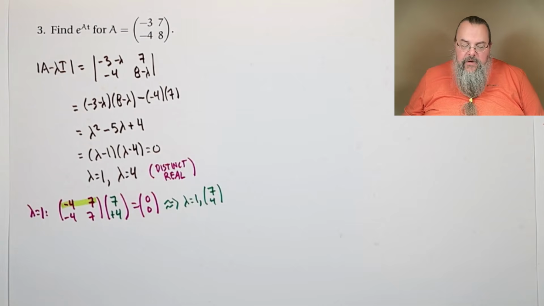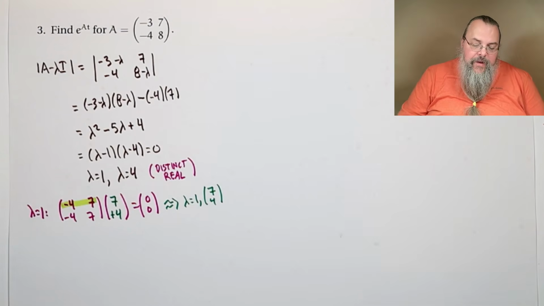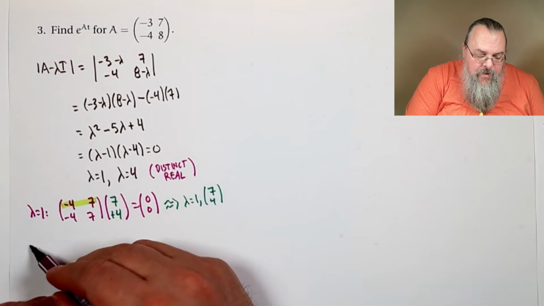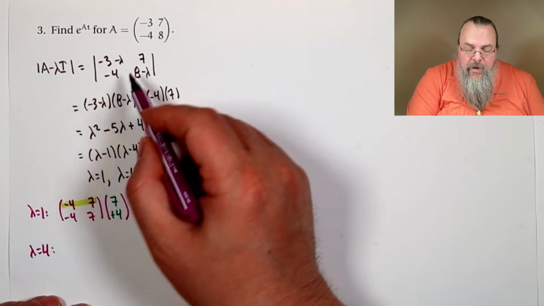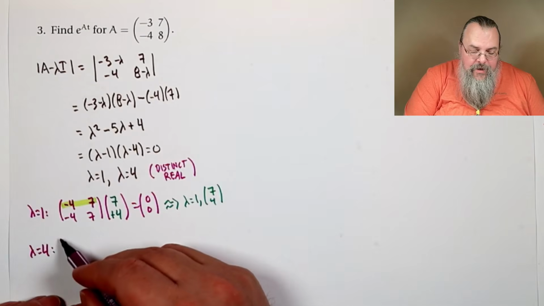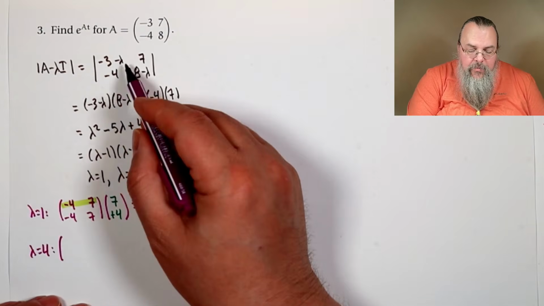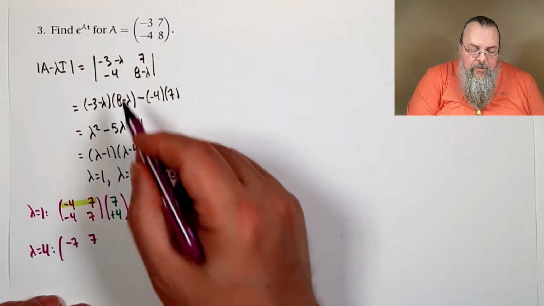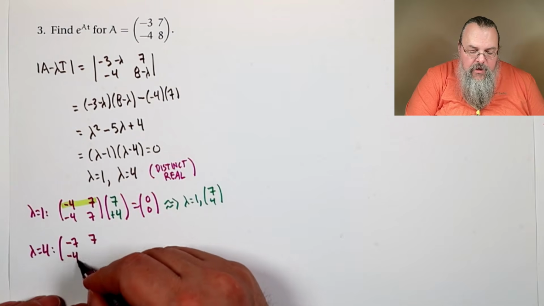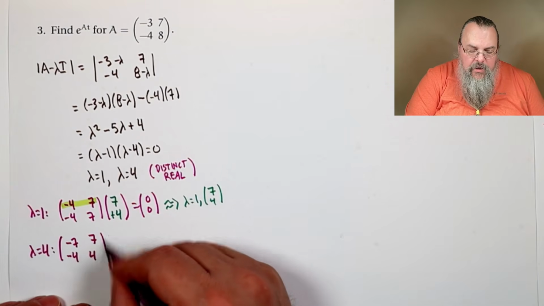Okay, now on to our other eigenvalue. Lambda equals 4. Well, what is that going to do? So we come up here and put in 4. And okay, minus 3 minus 4, minus 7, 7. And then we have minus 4, 8 minus 4, 4.